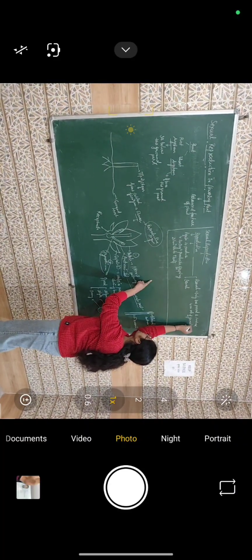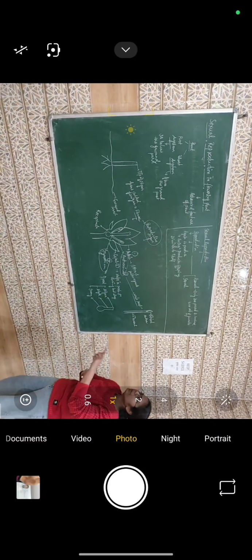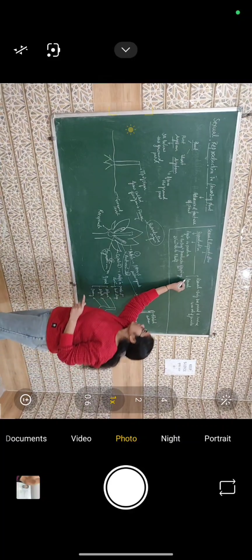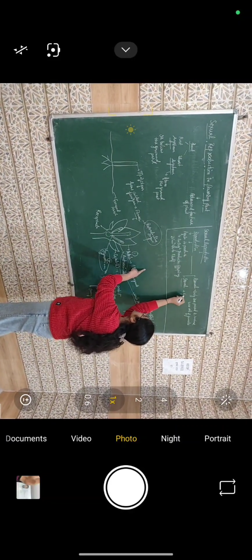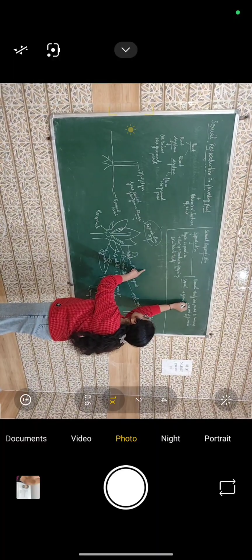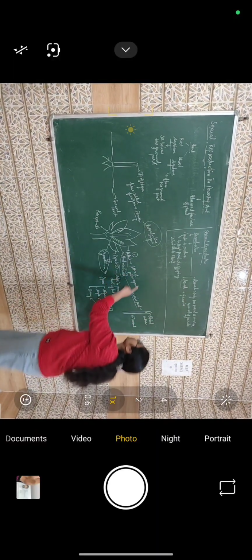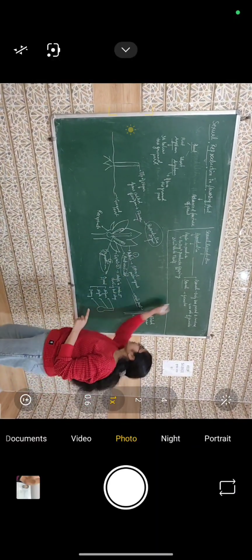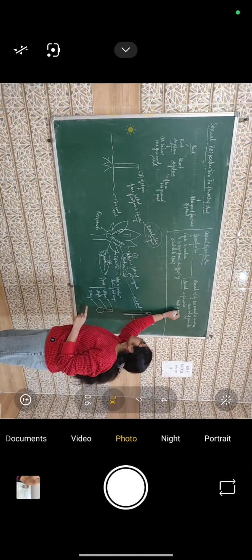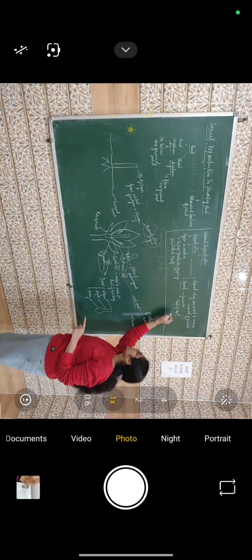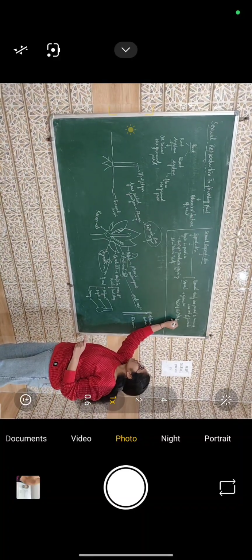And what are gametes? Gametes are the units of reproduction. The second one is sexual reproduction. In sexual reproduction, the most characteristic feature is gametes. So gametes are the units of reproduction, which are haploid in nature.